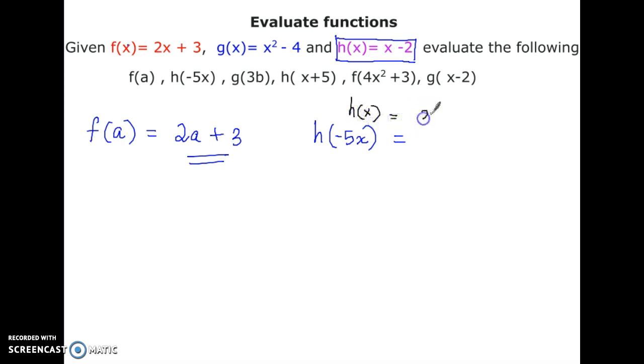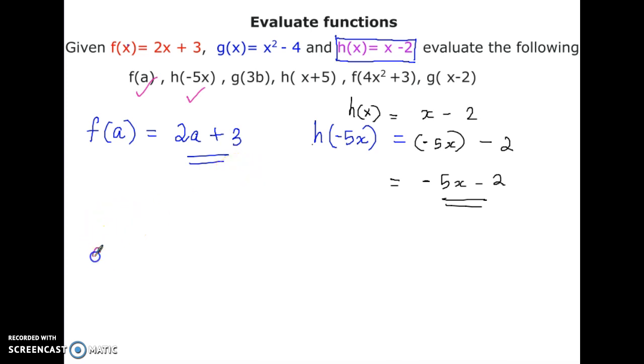H of x is equal to x minus 2. So h of negative 5x must be x minus 2, but my new x is going to be negative 5x. So my answer is negative 5x minus 2, and that's it. I cannot combine it because they're not like terms again. So we are done with the first two questions, f of a and h of negative 5x.